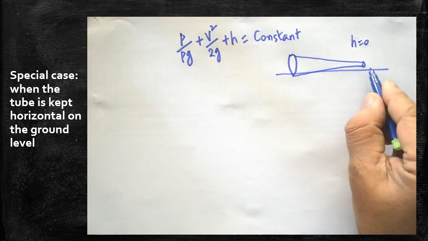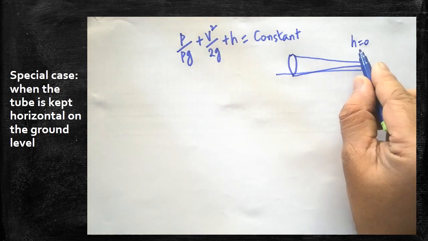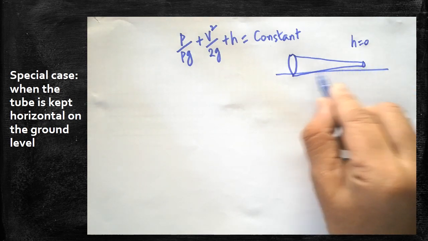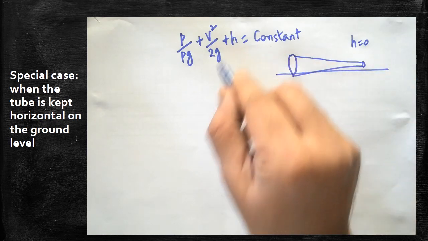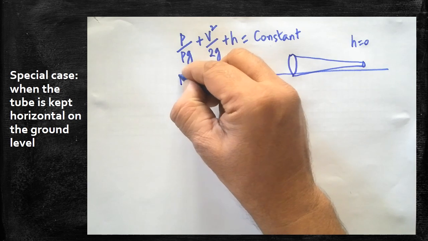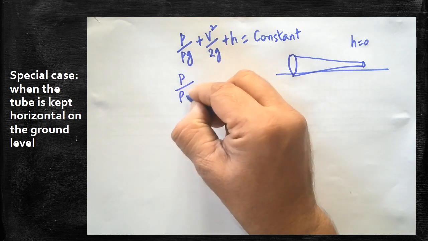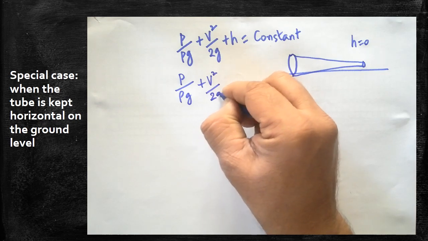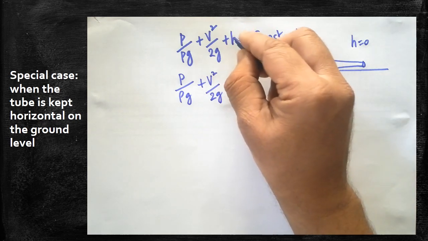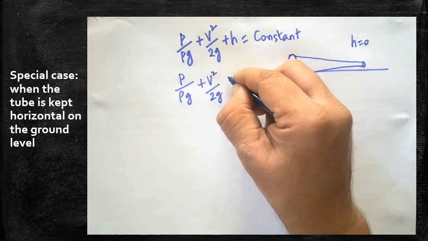Since height is not there, instead of h we can substitute 0 here. So the equation becomes P divided by rho g plus V square divided by 2g, and this factor becomes 0, therefore that one will be absent.